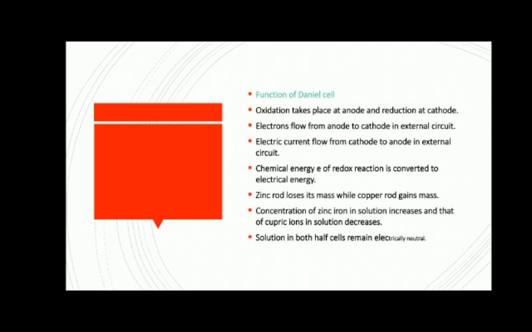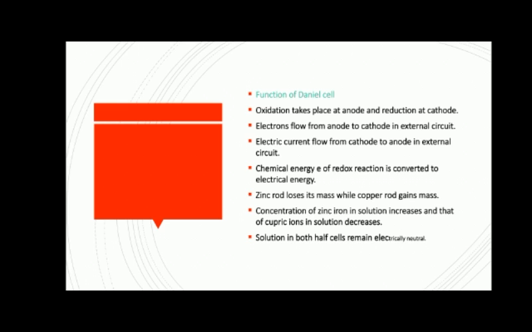The first function is that oxidation takes place at the anode and reduction at the cathode. Second, electrons flow from anode to cathode in the external circuit. Third, electric current flows from cathode to anode in the external circuit. Fourth, chemical energy of the redox reaction is converted to electrical energy.